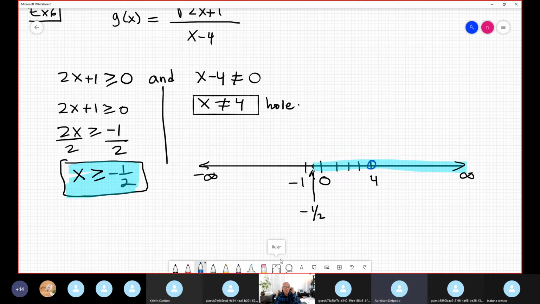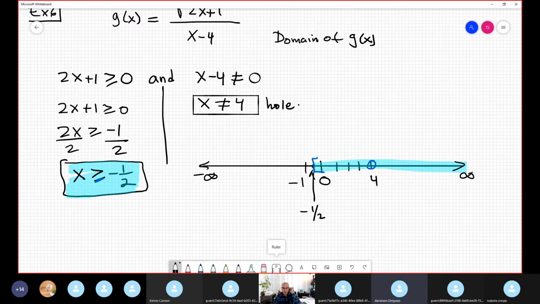When you evaluate 4 minus 4, it is 0, and division by 0 is undefined. Therefore my domain, the domain of g, is that piece, including negative 1/2, because I saw the equal sign.